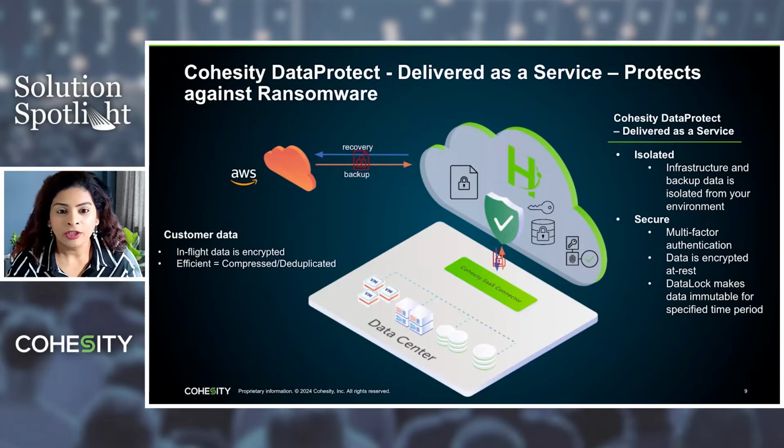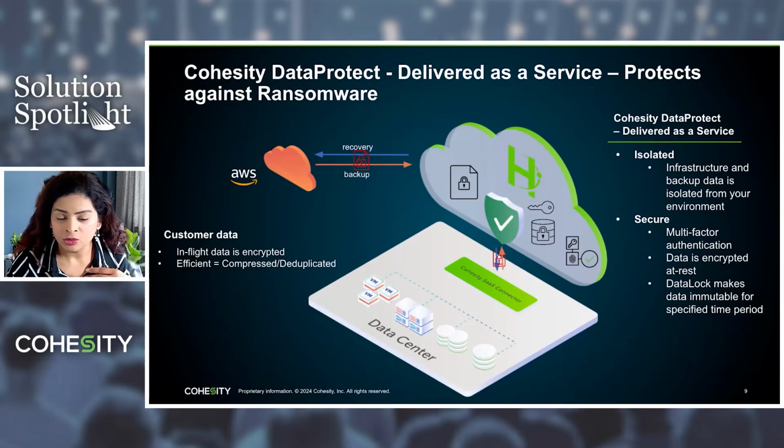So, moving on, let's talk about how DataProtect delivered as a service protects against ransomware. Here you see some of your AWS data in the cloud being backed up into the Helios platform with DataProtect as a service. And all it needs is a Cohesity SaaS connector, which connects to your cloud and automatically can be configured to back up your data as and when you want.